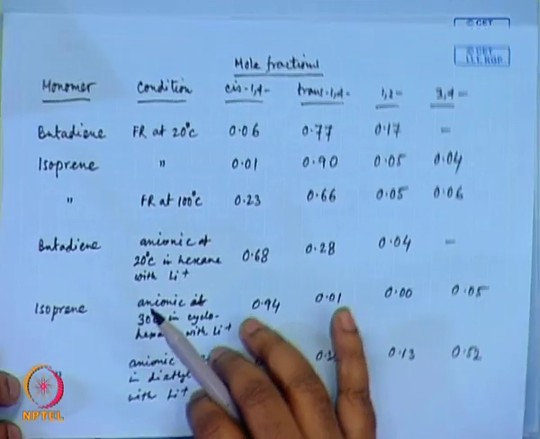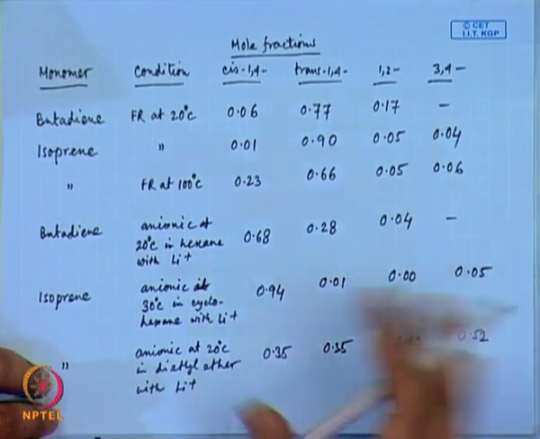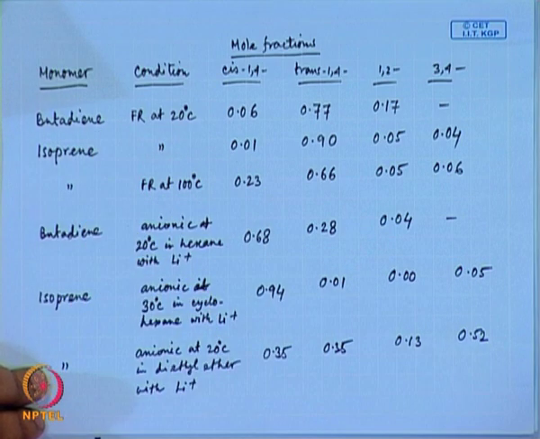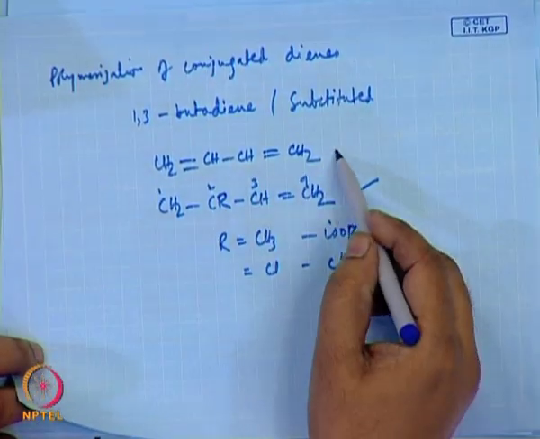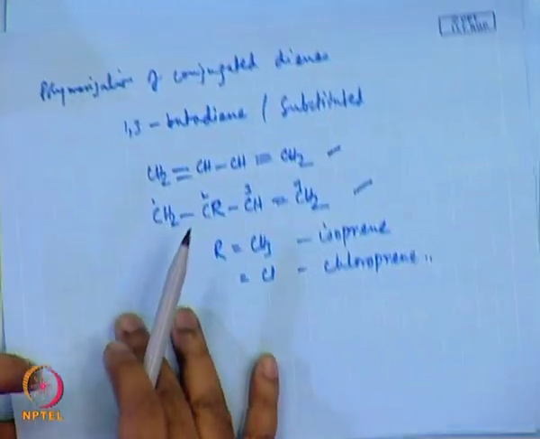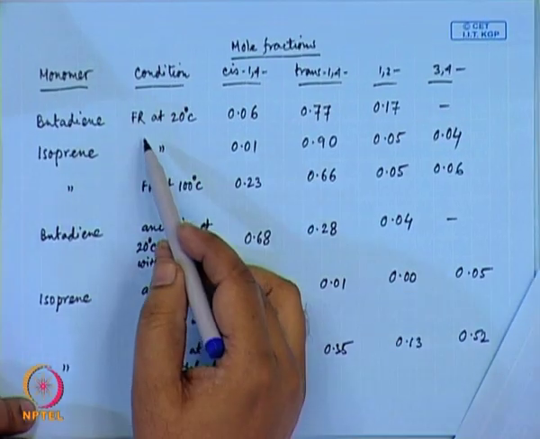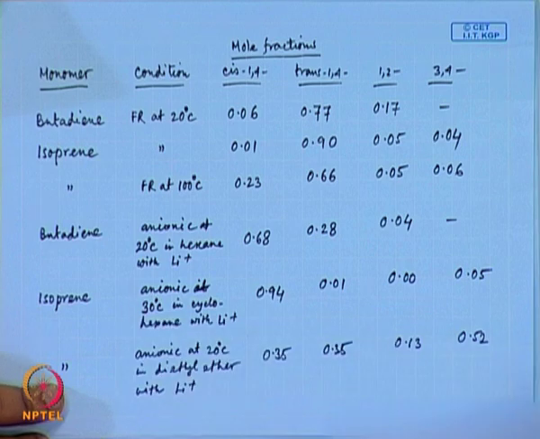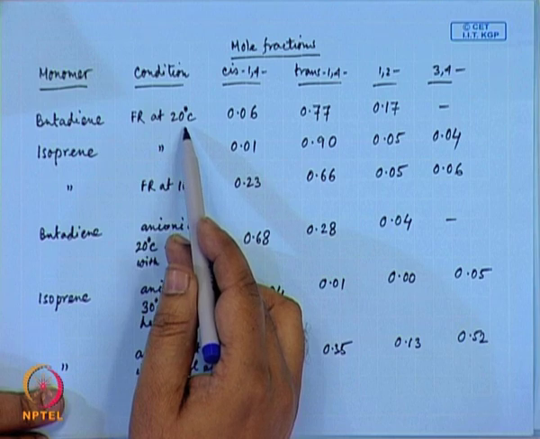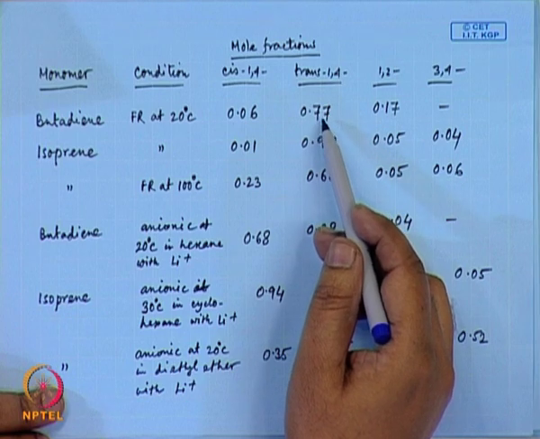Now, let us look at some data. If you take butadiene, this molecule which does not have any substitution, and isoprene which has a large substitution, then if you do a free radical reaction at 20 degree centigrade, you get the trans product higher.